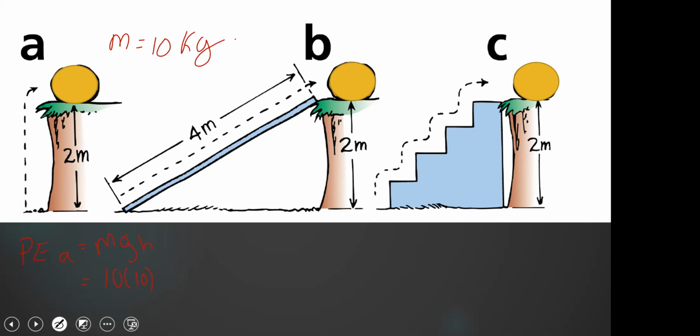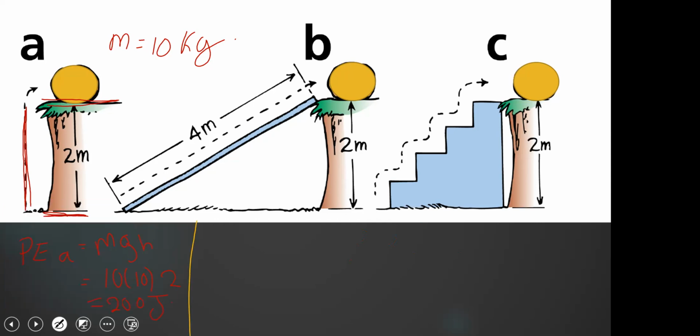And what is the vertical height, from the ground, the reference point, up to the top of the hill? It is 2. Is it right? Yes. So it is 200. This is for point A.